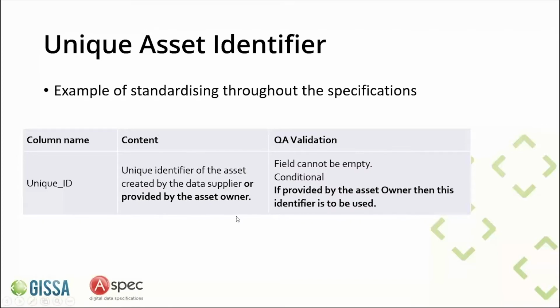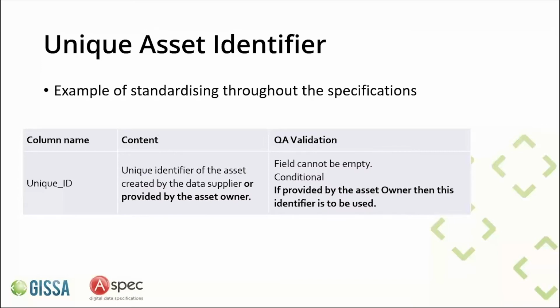And as you can see here, in bold, we've got under content: provided by the asset owner. And the QA validation is: if provided by the asset owner, then this identifier is to be used. And it's irrelevant whether it's for subdivision development or capital works project.